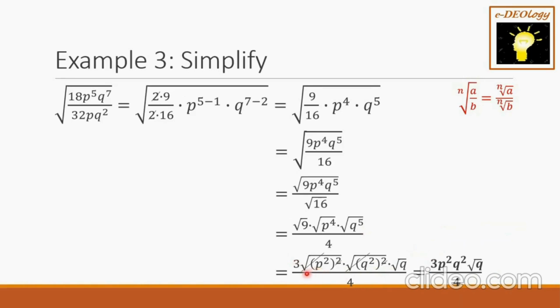For the second term, we cancel the radical with the power 2, and then only the p squared will come here in the final answer. We cancel the radical, also that power 2. Only the q squared will come here. Next is this square root of q we include in the numerator. And then all over 4. So this is our final answer.